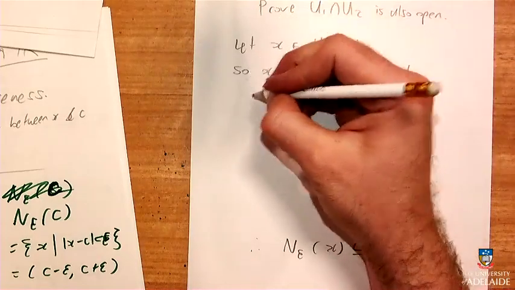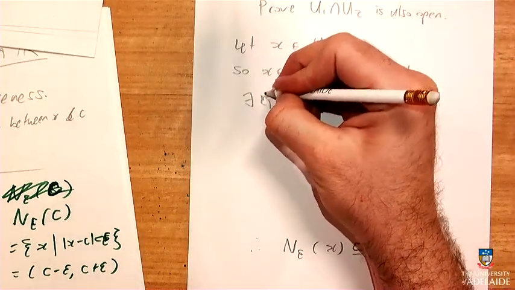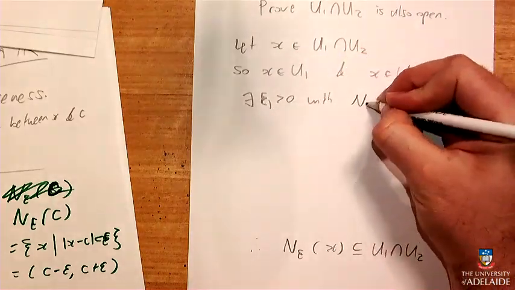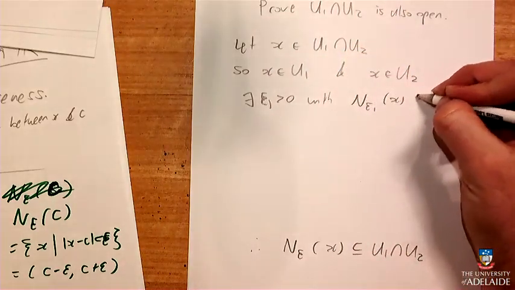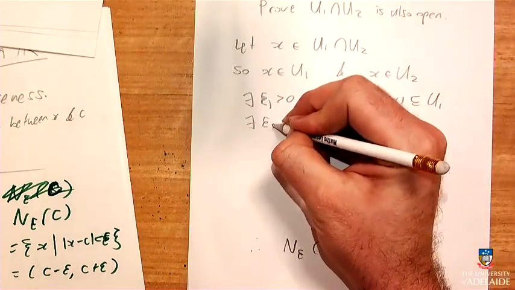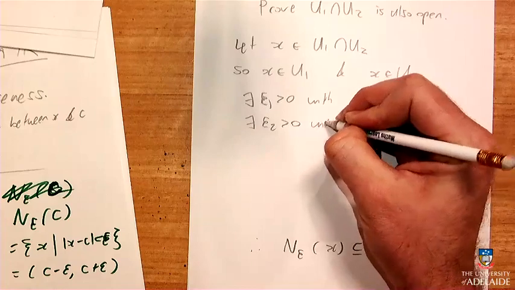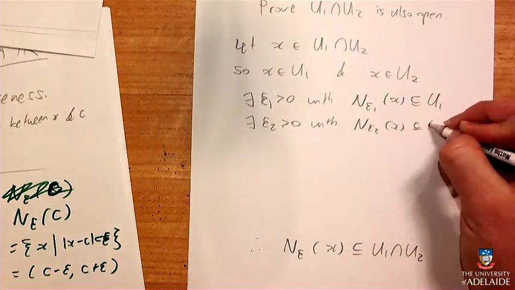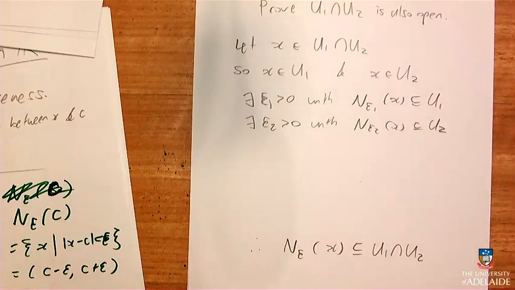So there exists an epsilon 1 greater than 0 with the neighbourhood epsilon 1 of x contained in U1, and there exists an epsilon 2 greater than 0 with the neighbourhood epsilon 2 around x contained in U2. So we know it works for each of them independently, but we don't know that it works for both of them.